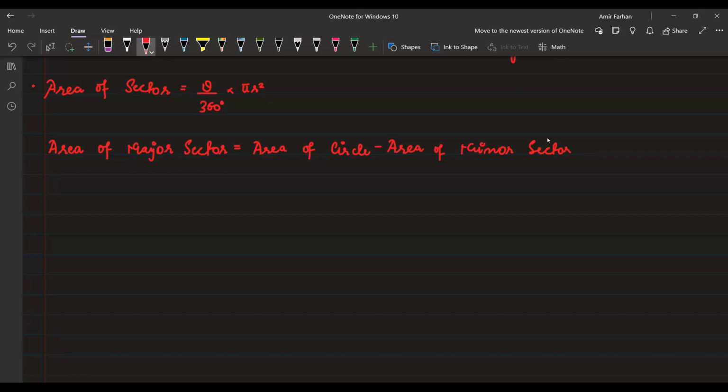Or you can also say that this is theta, so the remaining angle could be written as 360 minus theta. Yes or no, Gianna? So that would be divided by 360 into pi r square. Okay.